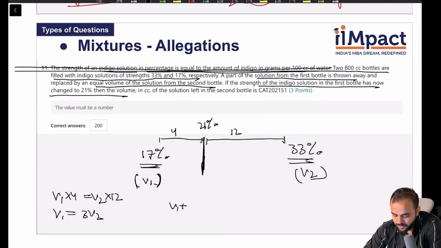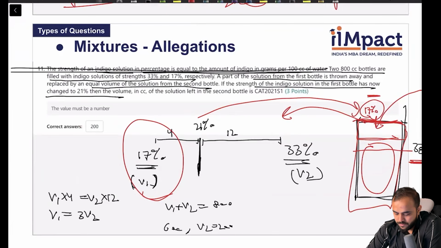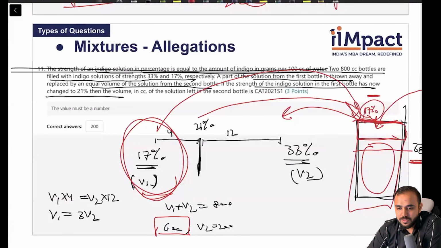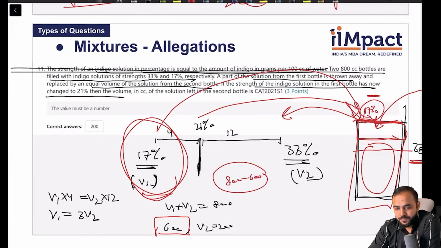V1 plus V2 is given to you as what? The total volume of the bottle, right? So you can get V1 here as 600 and V2 here as 200. Yeah, so I mean, we got V1 as 600, right? Which means V1 is the volume that is remaining, and the volume getting transferred from the second bottle is 800 minus 600 is going to be your answer. I should have taken this as V2 and V1 and avoided this confusion.